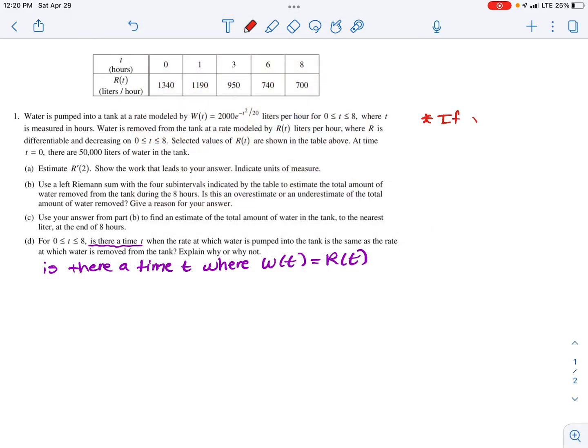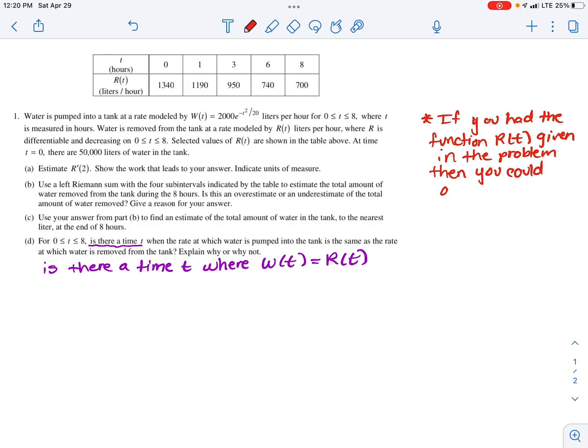If you had the function R of t given in the problem, then you could graph both functions and find the intersection.